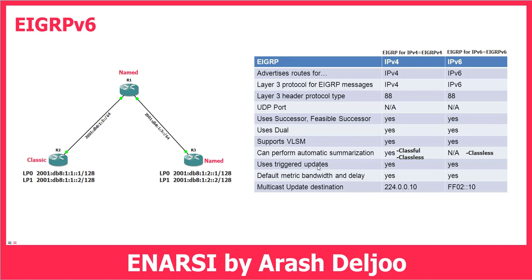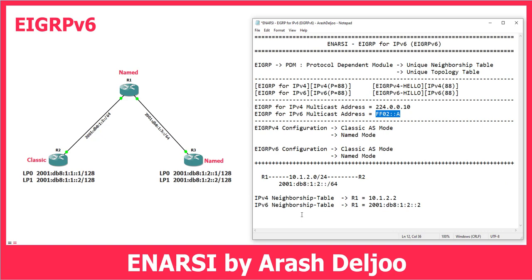After that, uses triggered update. Yes, in EIGRP for IPv4 we are sending updates only when we are experiencing, for example, a change in the network. Look at here. Assume that we are talking about EIGRP for IPv4. Here we have one network, 192.168.10.0/24.